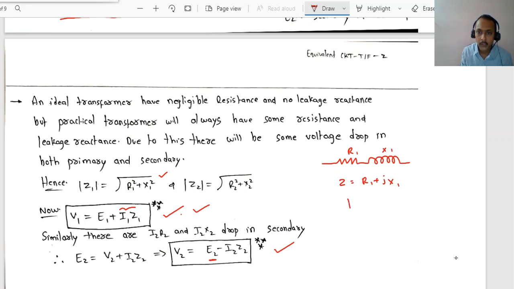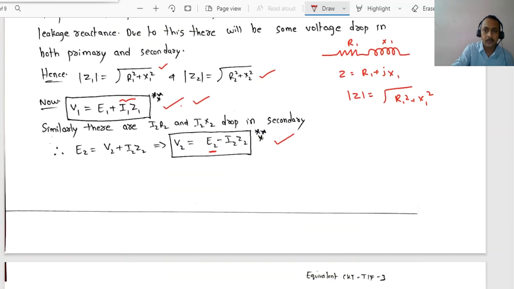If you want mod Z, it is given by root over R1 square plus X1 square. That is what we have written here. And similarly, secondary side impedance Z2 equals root over R2 square plus X2 square. Clear? Next.